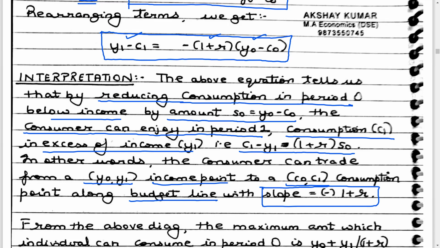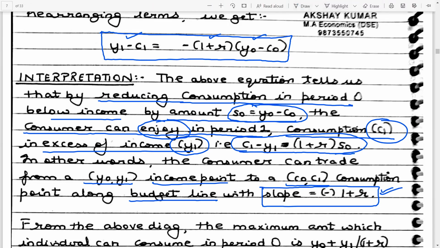All what it's telling us is that if the consumer consumes less than his income in period 0, that means if he is saving in period 0, this saving will allow the consumer to enjoy in period 1 consumption above the income. By how much amount? By this much amount. And the slope of the budget line will be minus 1 plus R. So I hope all students are clear with this.